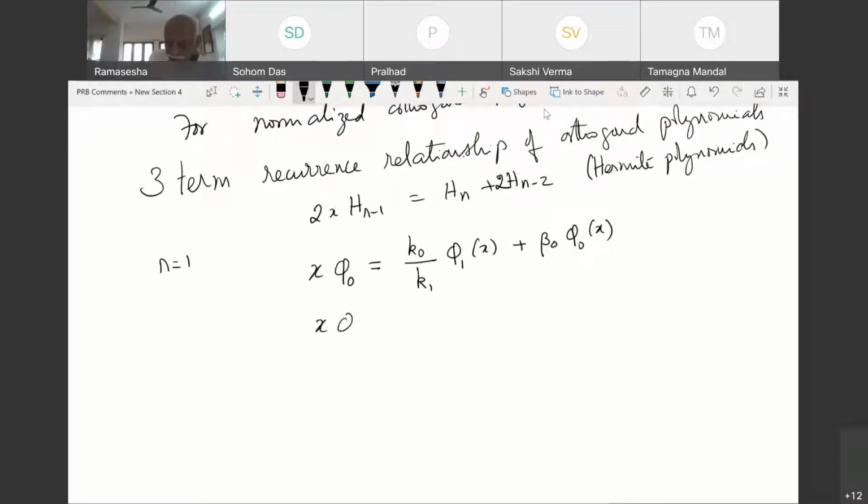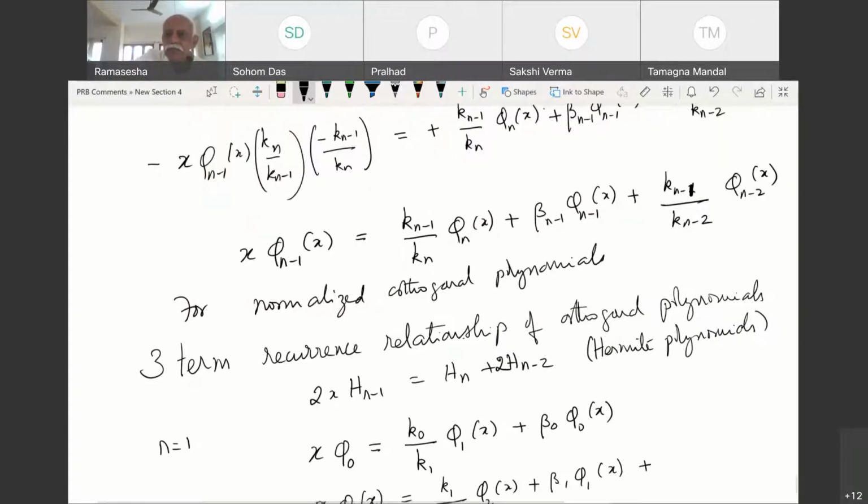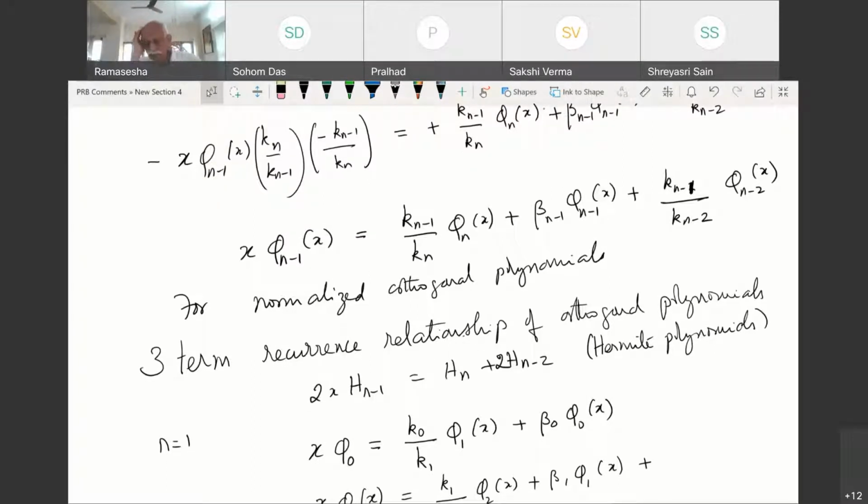Okay. xp1x is equal to k1 upon k2 p2x plus beta 1 p1x plus, k2 upon what's the relationship here? So why the third term should be 0? When n is equal to 1, how much is n minus 2?